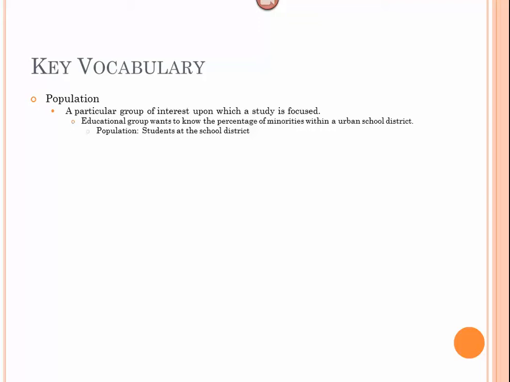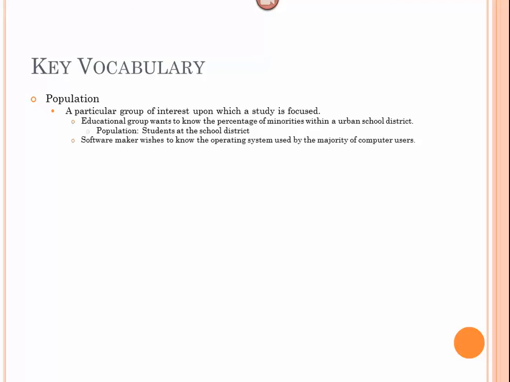A lot of people make the mistake of thinking that minorities are the key focus of this study. But the minority status of the students is really the variable in the study. The population is much more general. It's simply students. And students will either be in the minorities or not in the minorities, if that's the focus of my study.